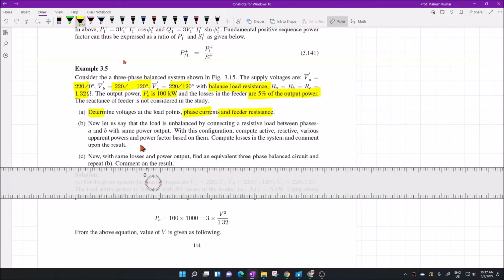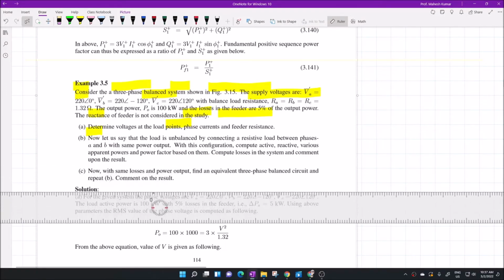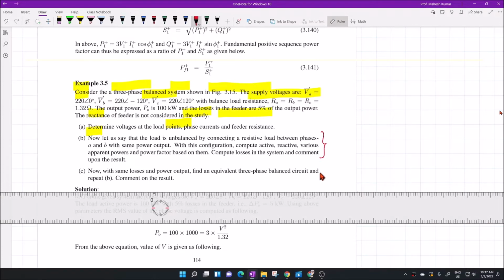In the next part, we make this system unbalanced by placing a resistance between point A and point B. With this configuration, we have to find the active and reactive components and the losses, and compare the losses with the previous system. In part C, we have to find the equivalent circuit for part B. That is, for this unbalanced circuit, what is the equivalent balanced circuit in terms of the losses and the output power.